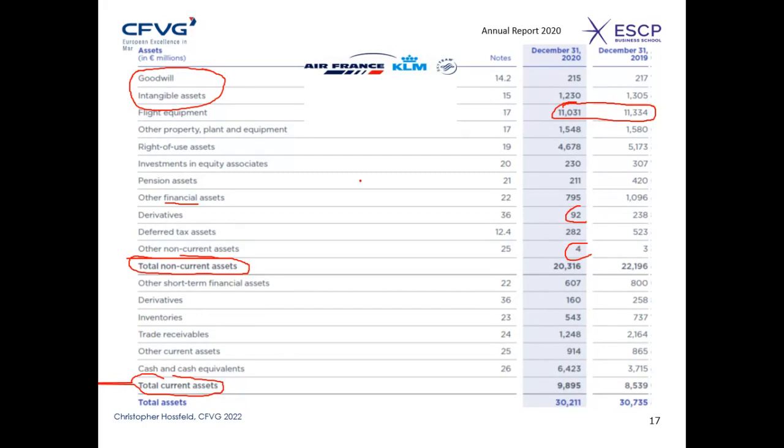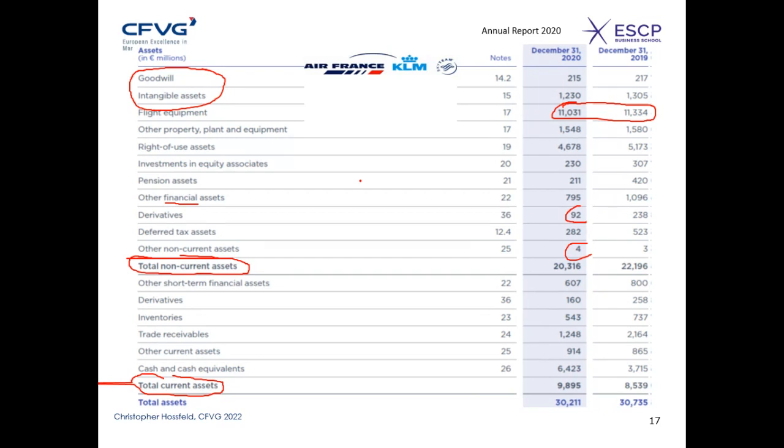So software would be another intangible item, for example. Yes, we do. So I'll talk about goodwill a little bit later.